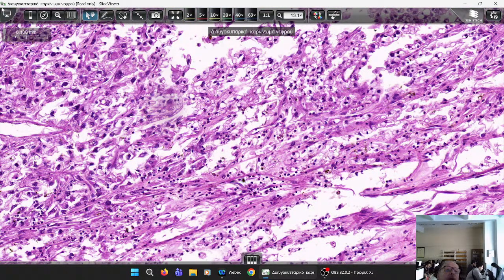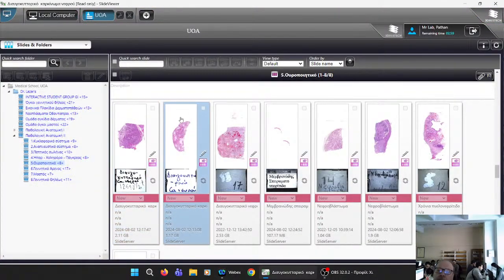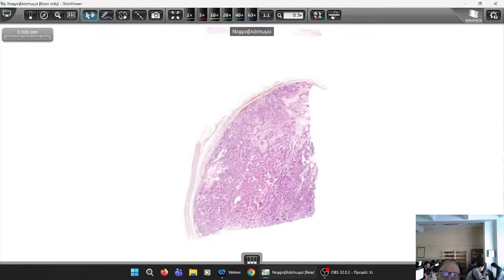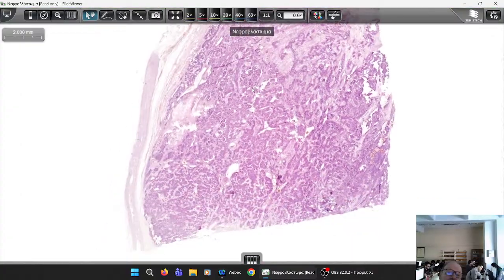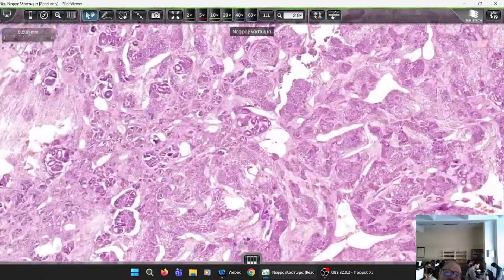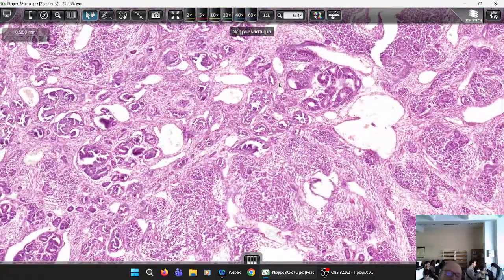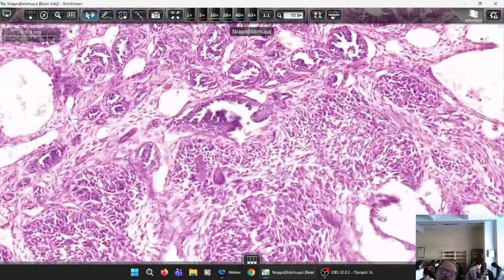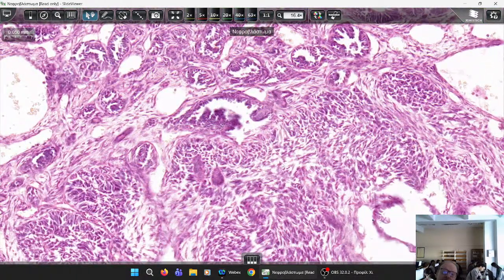Okay. The last tumor is a tumor mainly of young children, and this is Wilms tumor, being composed of three components. This one with these cells, spindle cells, is the mesenchymal component.